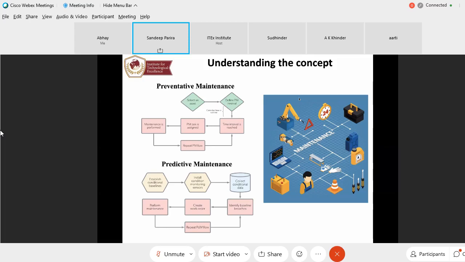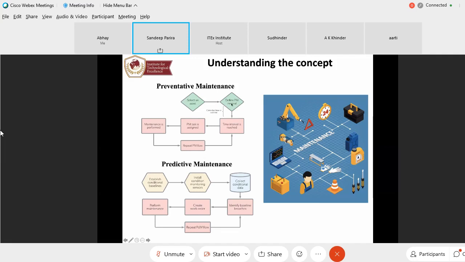Now, in case of preventive maintenance, I have shown the flow chart in the upper part. You select a particular asset, let's take for example a pump, or an engine, or whatever it is. So you select an asset, and then define a preventive maintenance interval.